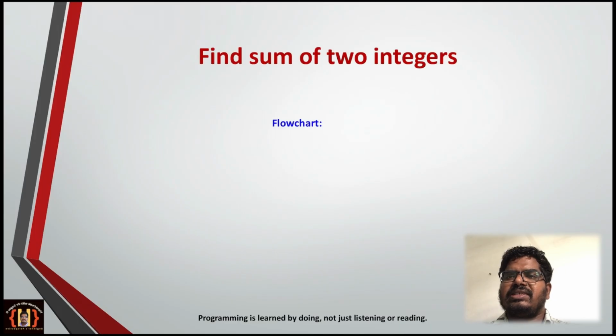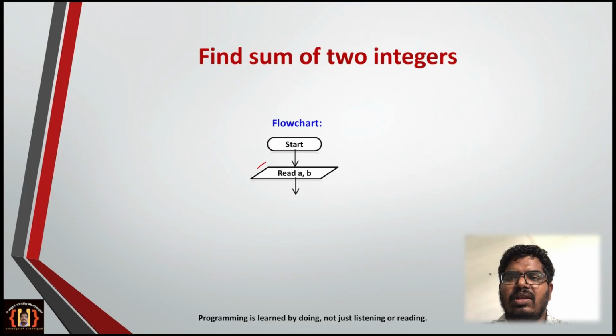So let us say this flowchart, finding the sum of two integers, how does it look? Start is the first symbol, as I said, and next we are going to read input A and B. That's why I am using the parallelogram symbol. This parallelogram is used to represent reading input. Now once we read the input, what is to be done?